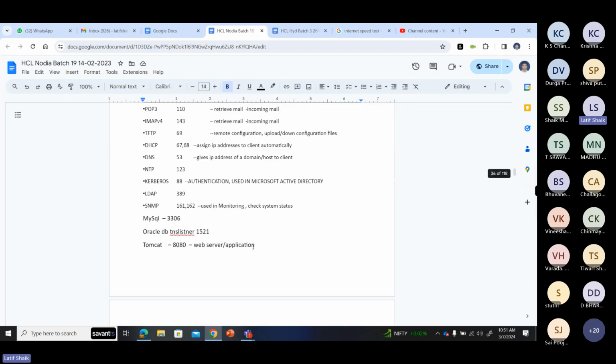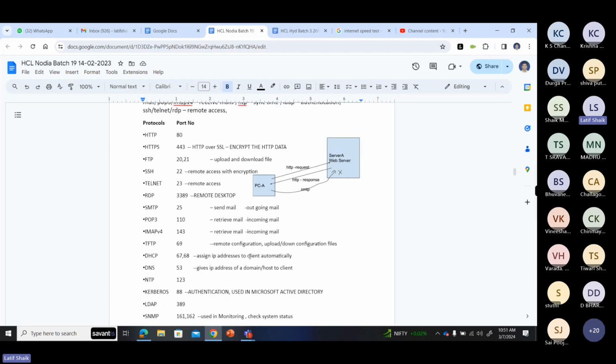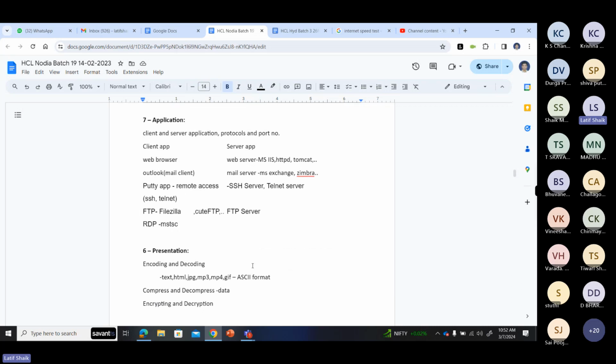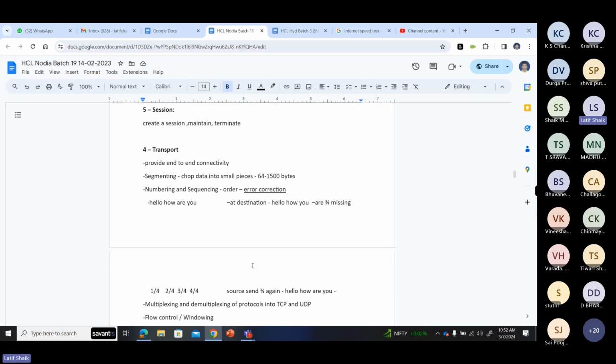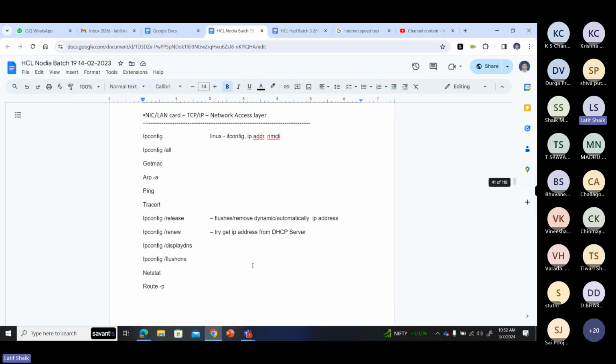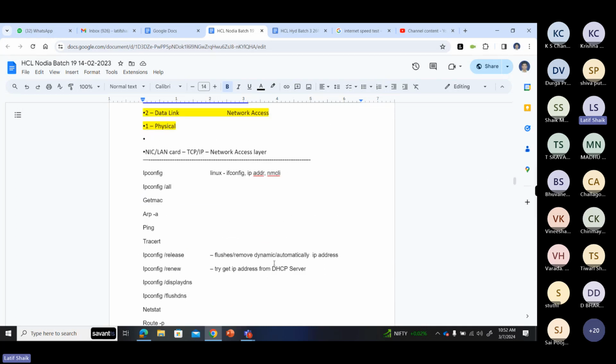What are the different protocols we use in regular communication? Most frequently, these protocols are important in our daily communications, so those are also listed here. The OSI layers, the importance of each layer, and a TCP/IP and OSI layer comparison.